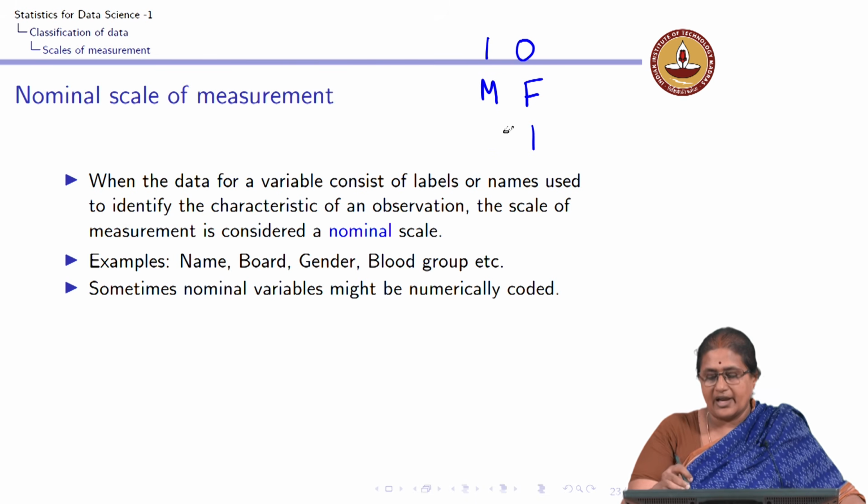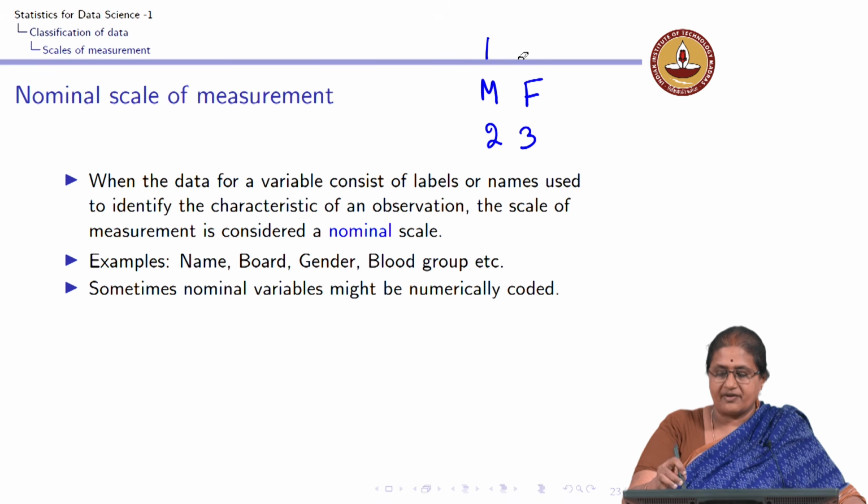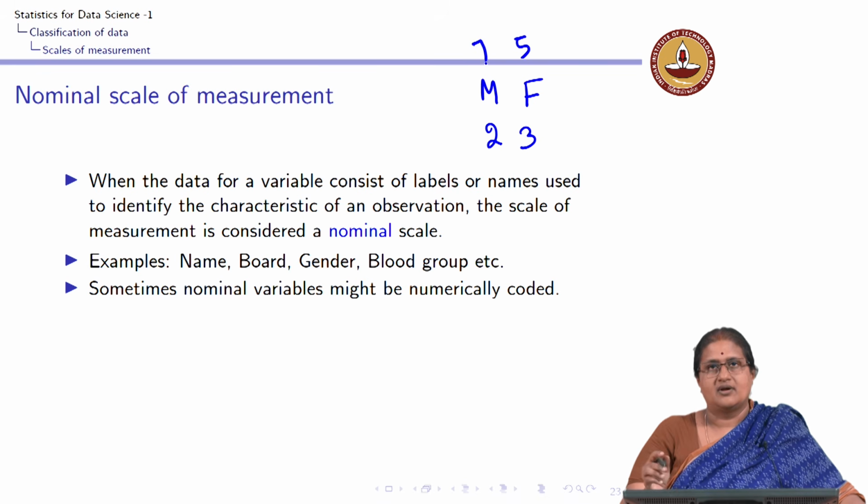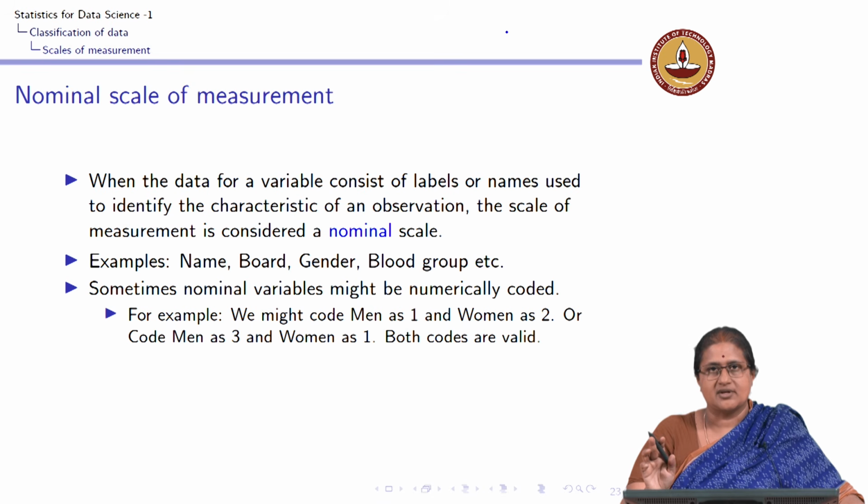I could label a man as 2 and a woman as 3, or a woman as 5 and a man as 7. All it says is this label has the same understanding. These numbers have no meaning when you are coding nominal variables. Both the codes are valid. That is what we mean.